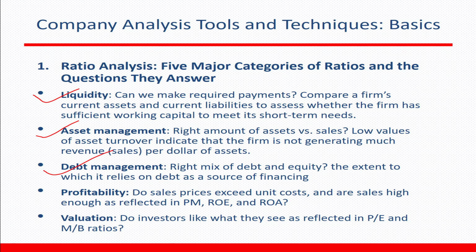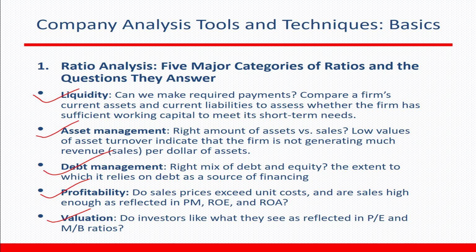It basically measures whether there is a right mix of debt and equity or not. The profitability ratio, as you all know, basically measures whether the business is making a profit or not, and finally the valuation ratio basically measures how much the common stock is priced as compared to different fundamentals of the business.